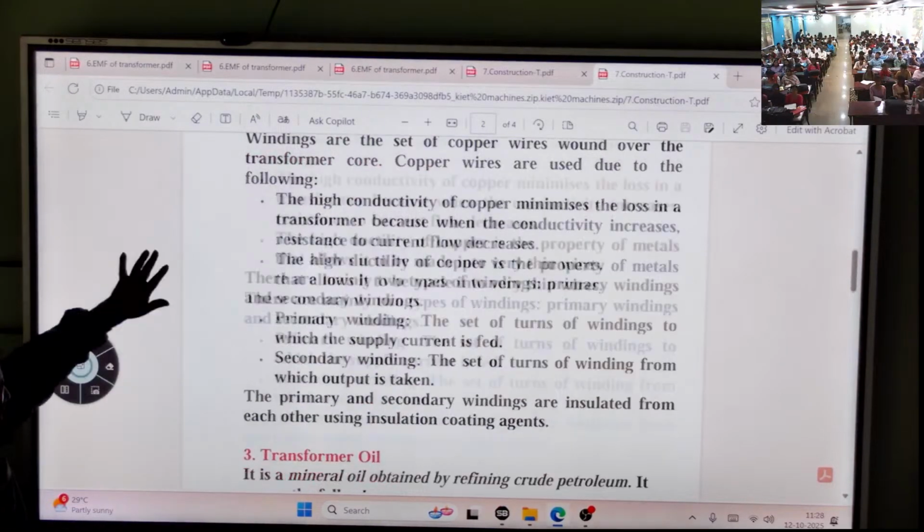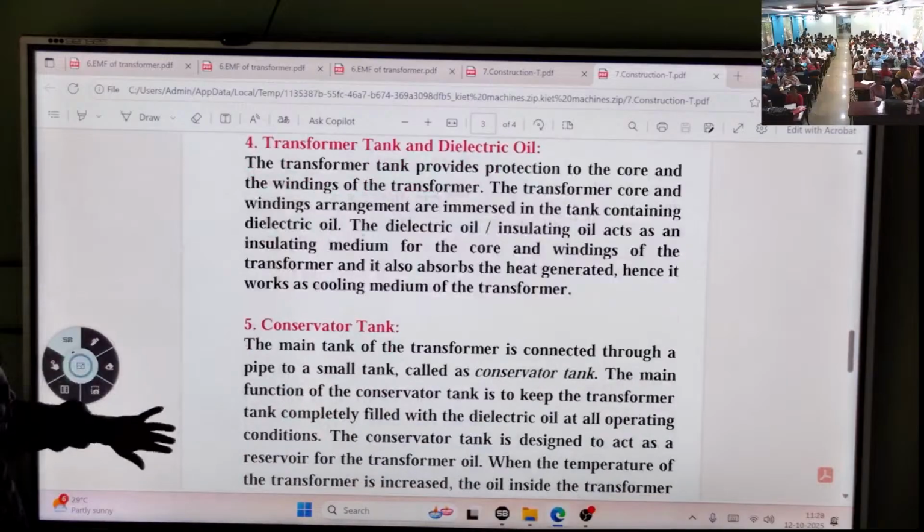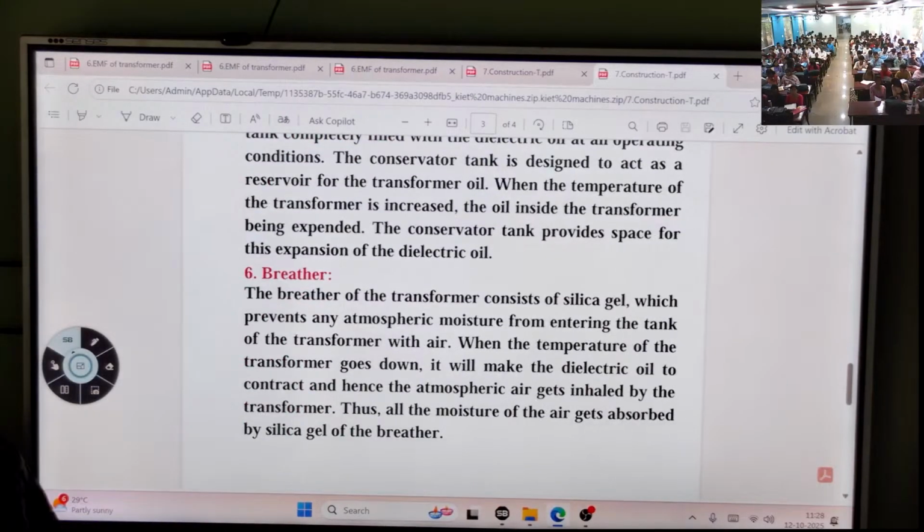What are the applications of the transformer? Where can you use the transformer? Transformer can be used in the chargers. Transformer can be used in the rectifiers. Transformer can be used in daily life, in the TVs.